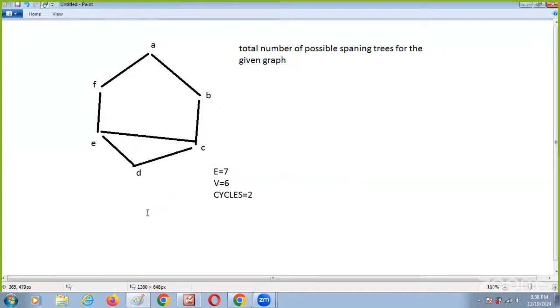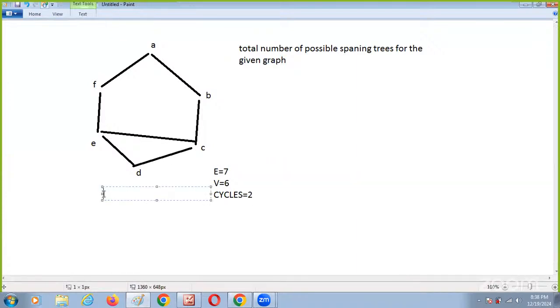So now I have already given the formula. What is the formula?